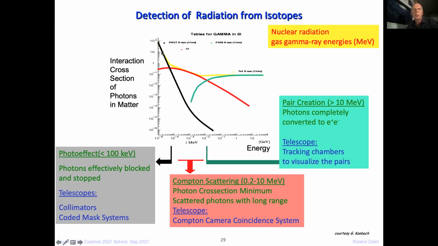And as the energy goes up, things become a little more complicated, because the energy of the photon is comparable to the binding energy of the electrons in the atomic shell, or even the electron appears to be free. And so Compton scattering becomes important, and that's the red line shown here.